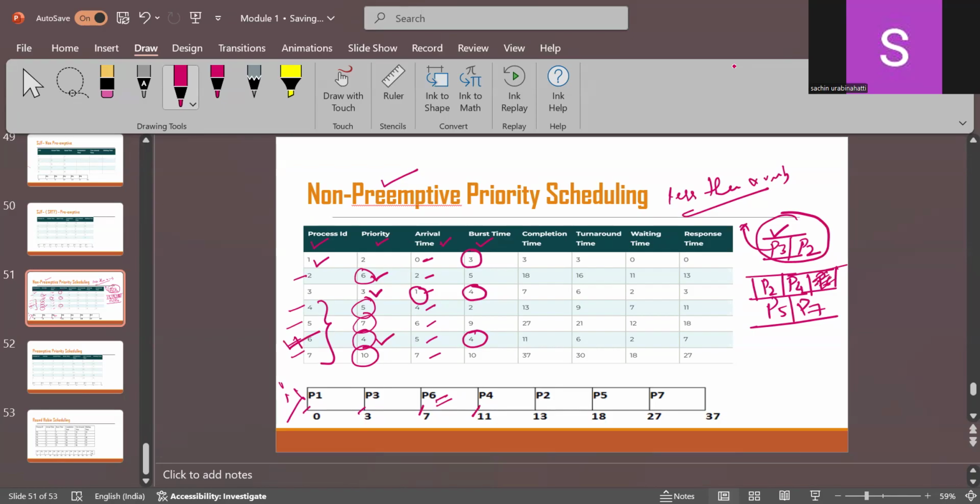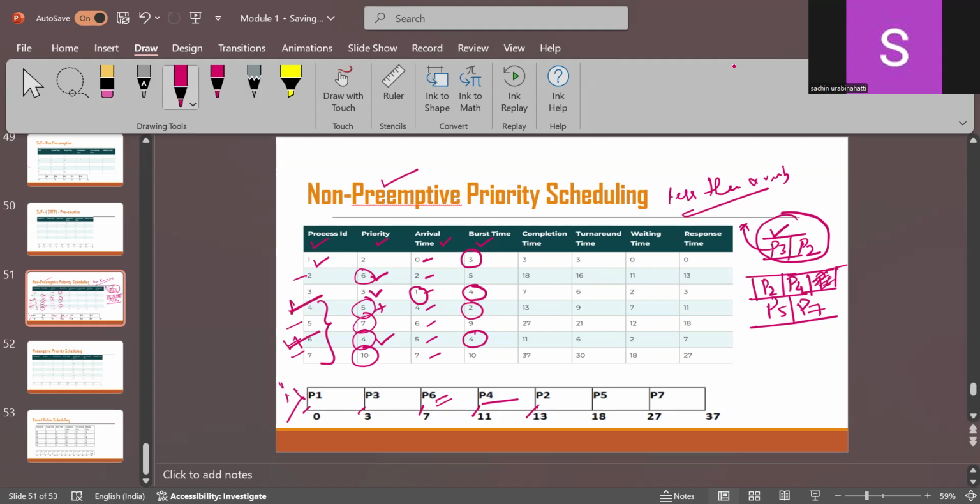So the next process which will be running is definitely P4, because it has the number 5 which is lesser than 6, 7 and 10. So this is taken as the higher priority and it will start the execution. So P4 takes control of the CPU and starts executing. And what is the process time of P4? It is 2. So 11 plus 2 is 13 units of time till it executes.